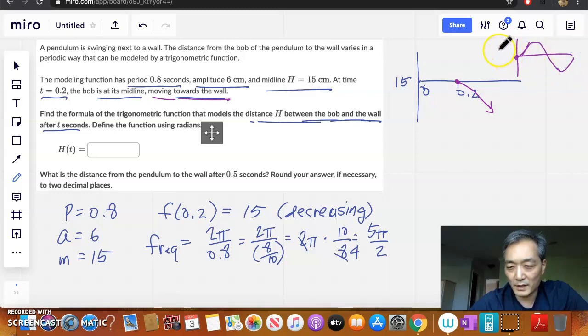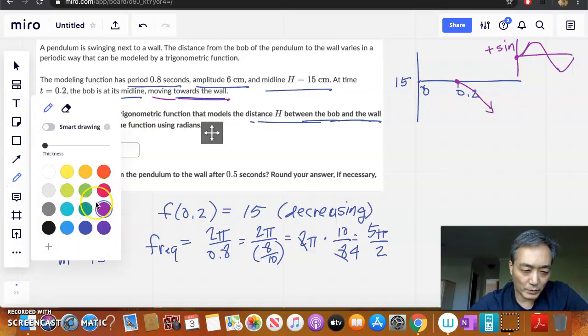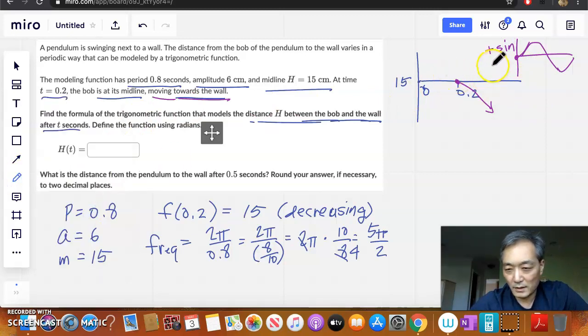But if you put a negative in front of the sine, it looks like this: instead of going up from the midline, it comes down to the minimum, goes back up to the maximum, and finishes at the midline.